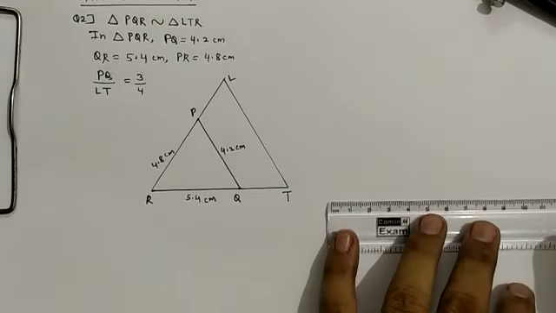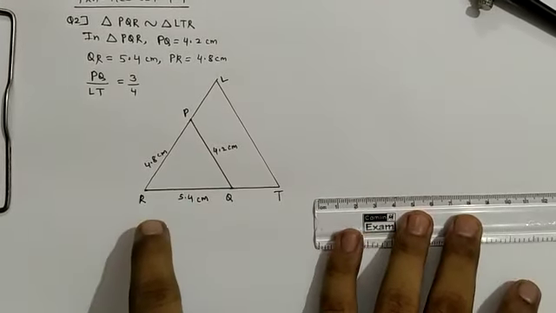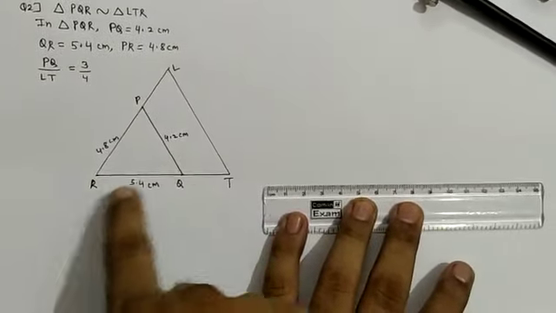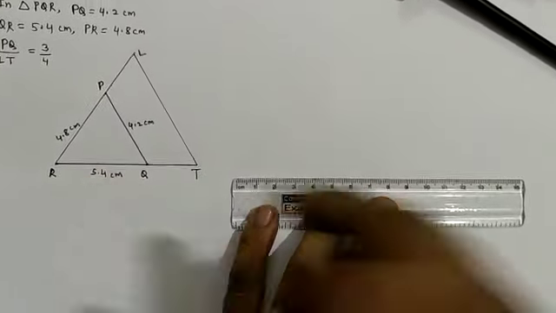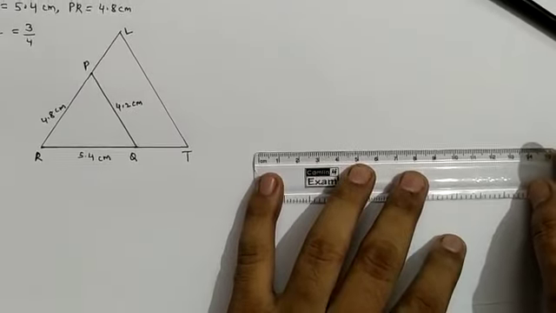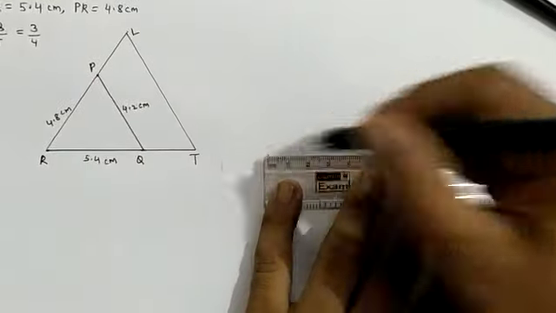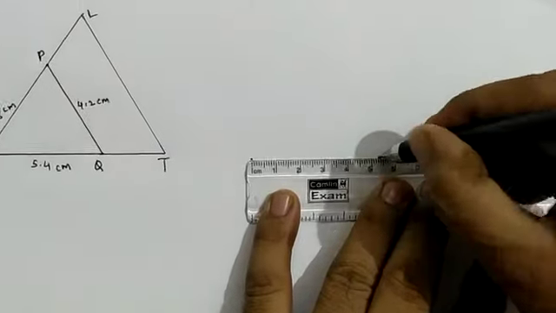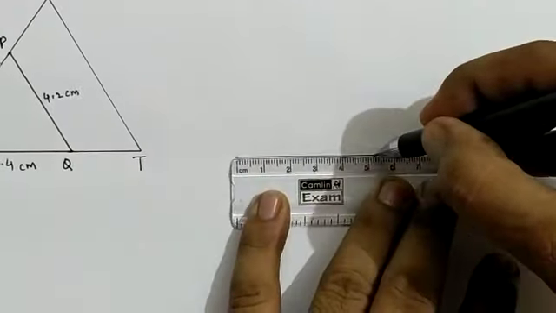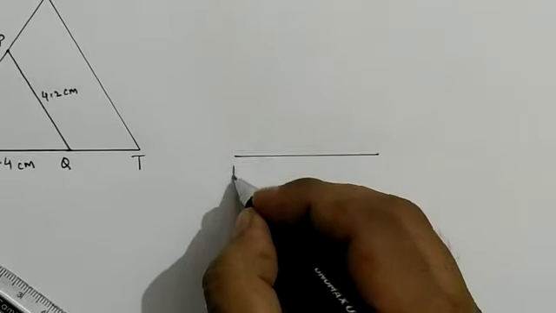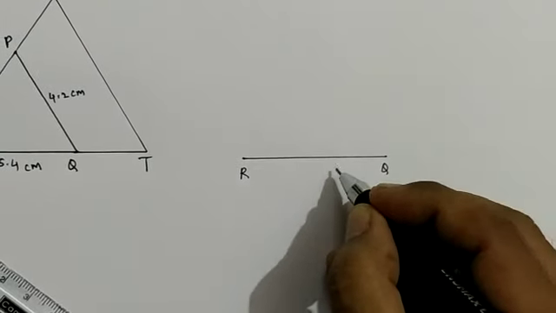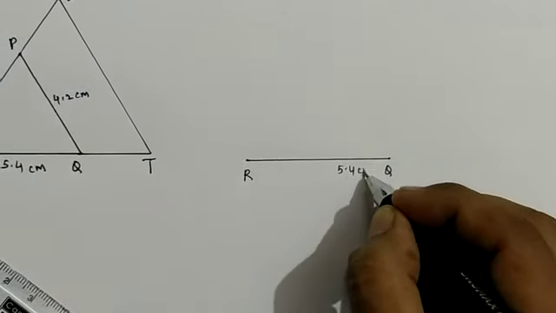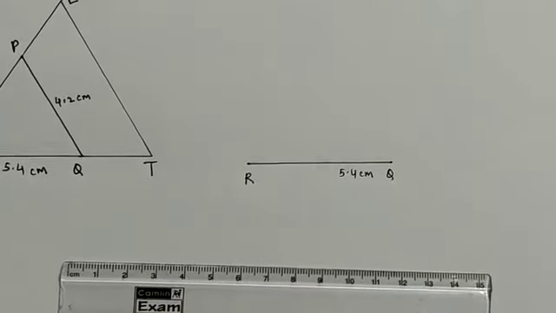Now let's start with the actual construction. First we are going to construct triangle PQR where RQ is 5.4 centimeter. We have drawn here RQ, 5.4 centimeter.